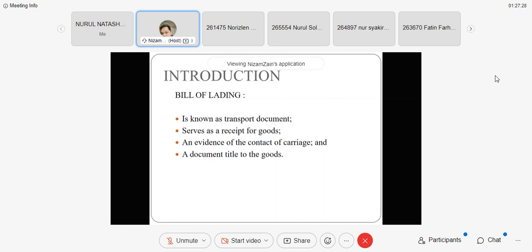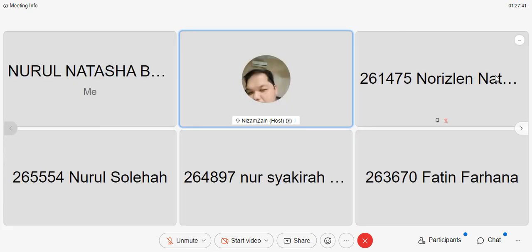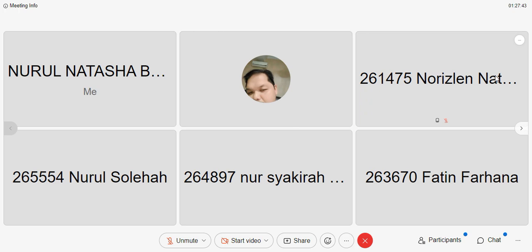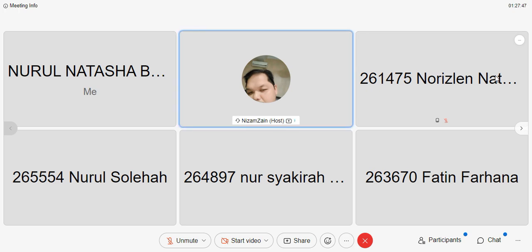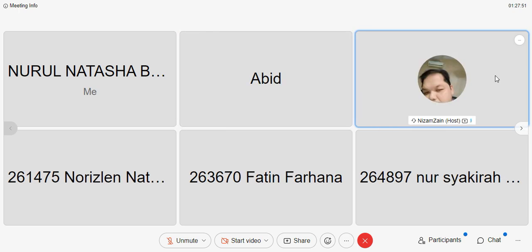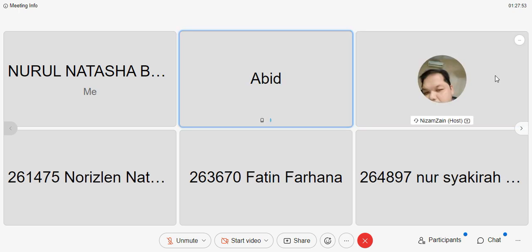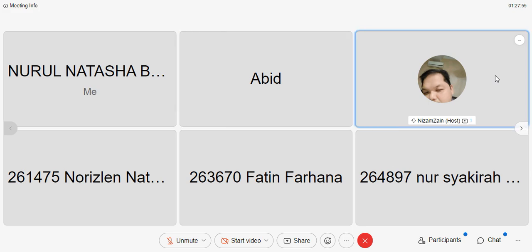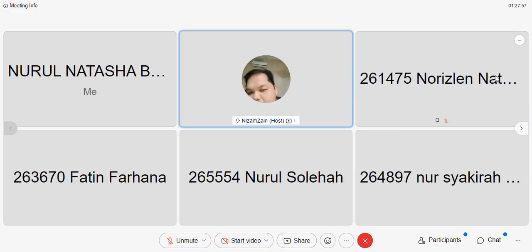You have heard of this term, the Incoterms. You know what is Incoterms? Anybody know what's Incoterms? Have you come across it? Abid, you know what's Incoterms? Yes, doctor. The terms used for business, there are like 7 terms.